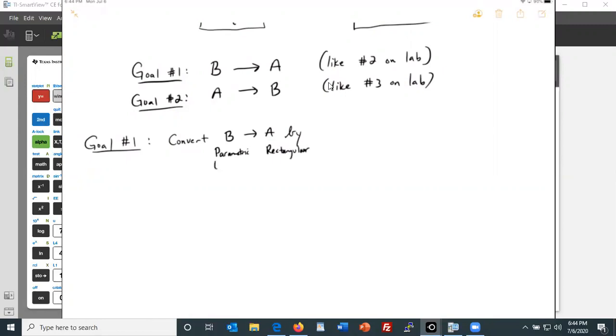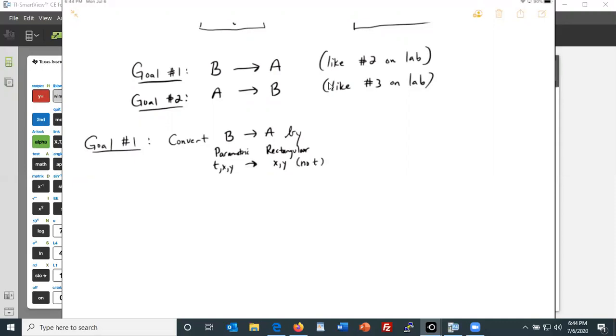So remember parametric is T, X, and Y. Rectangular is just X and Y. So what does parametric have that rectangular does not have? T, right? So in other words, we want to make sure that T is eliminated when we convert from one to the other. All right, so there's no T here.